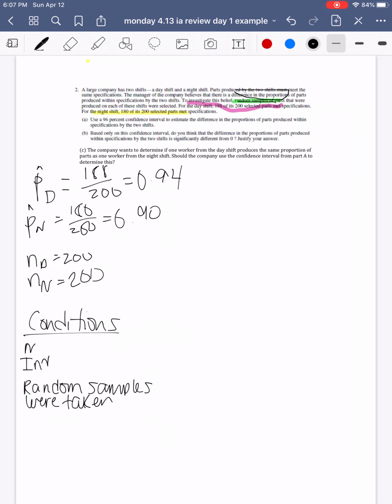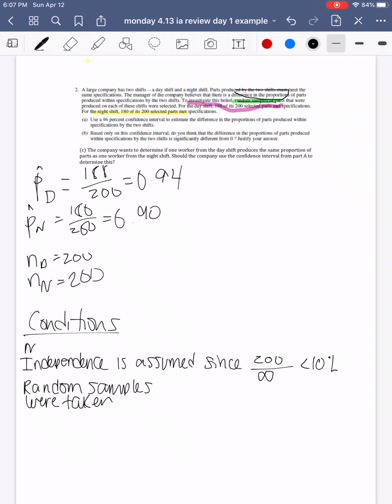So independence is assumed since 200 over infinity is less than 10%.